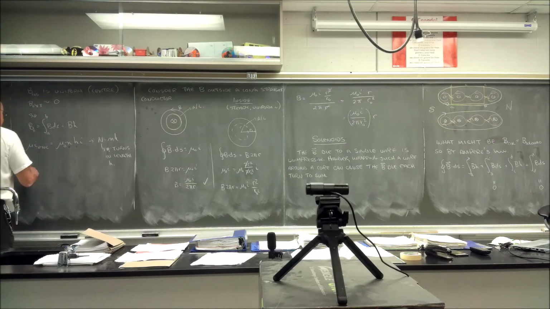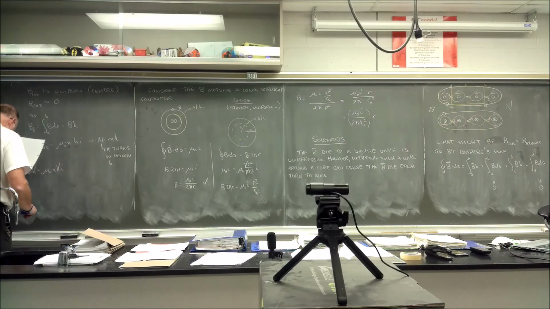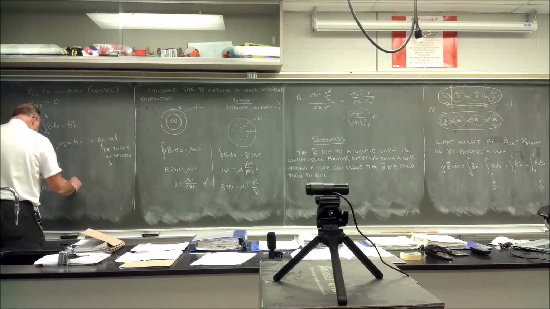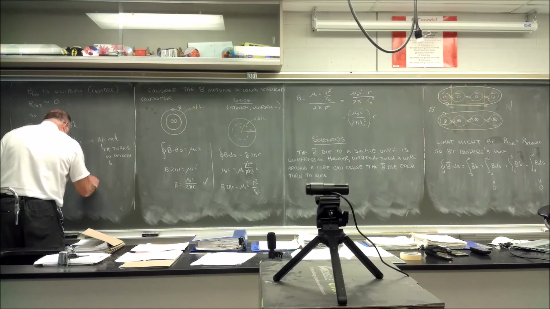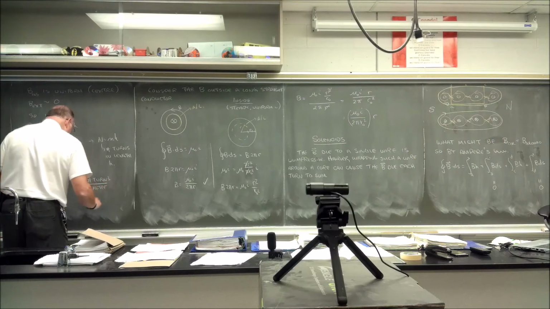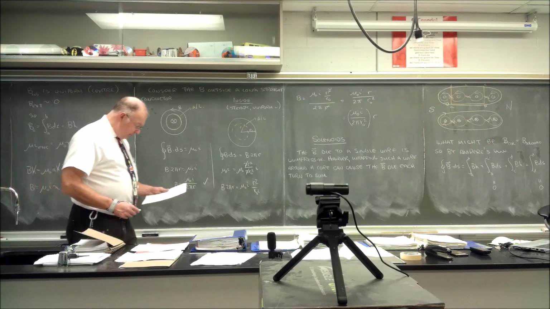So then we would have B h is equal to mu naught n h I, and we lose the two h's, and you get B is equal to mu naught I times n. And again, n is number of turns per meter. Now it's per unit length, but we're using MKS, so we'll stick with that.